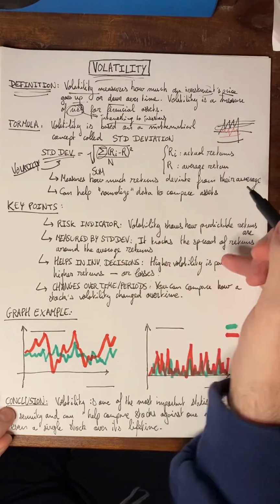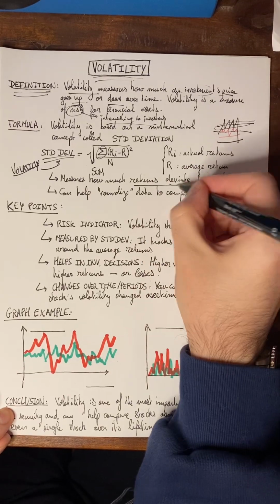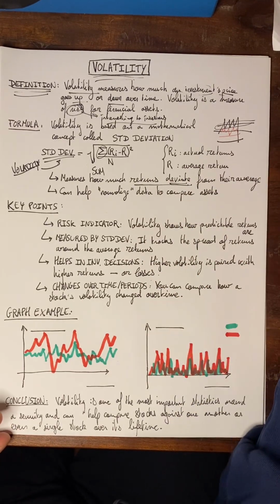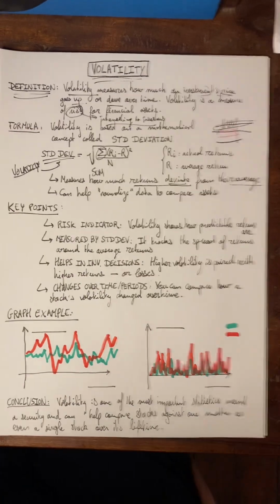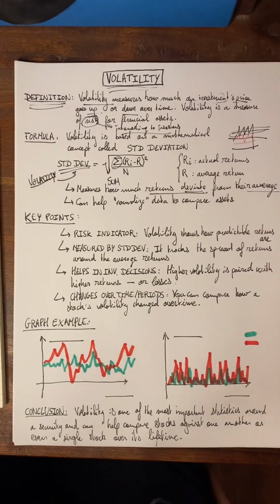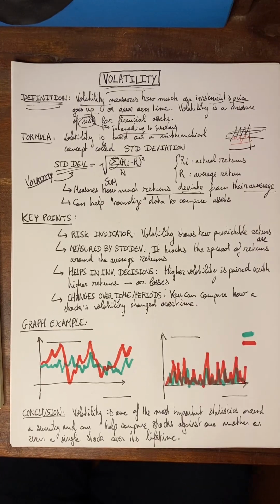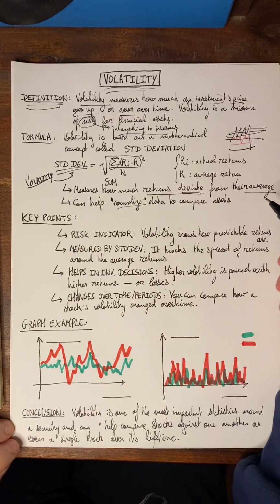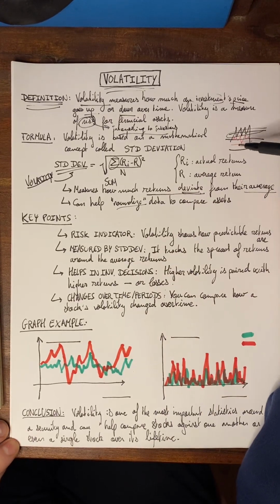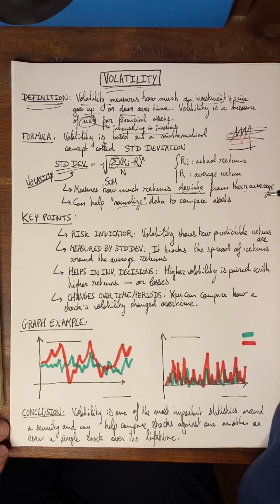So it's a measure of how much returns deviate. This is very important to understand, from their own average, not from the market, but from their own average. And this can help normalize data, because we're looking at a stock compared to itself and not to something else.